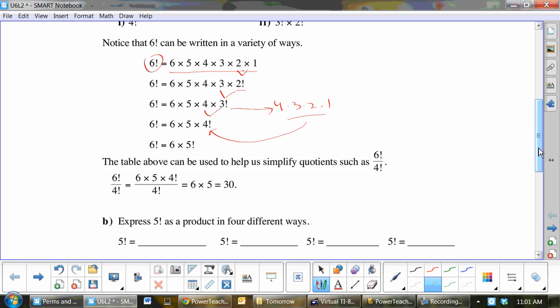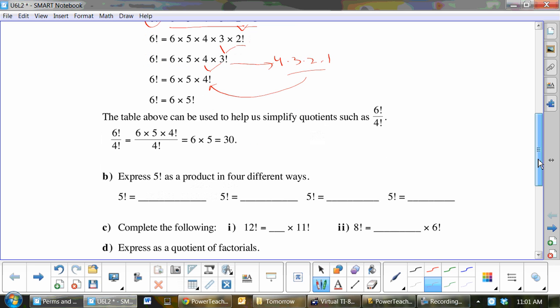Now, again, this may seem like, why do we need to do this? And I'm going to show you why this comes in handy. If we look at the next question, 6 factorial divided by 4 factorial. You have this wonderful button in your calculator that does the factorial for you. You can go 6 exclamation mark.